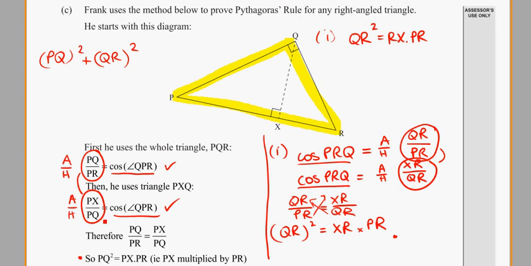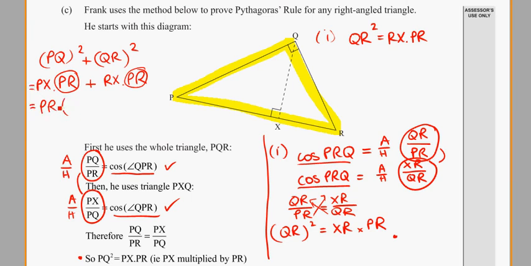So using the information we've got already, I can see that PQ squared is PX times PR, PX times PR, we're using the dot for times, plus QR squared is RX times PR. Well, we haven't really got very far yet, except that I notice that both terms have a PR in them. So we'll do some factorising. Common factor of the PR, we can pull that out in front.